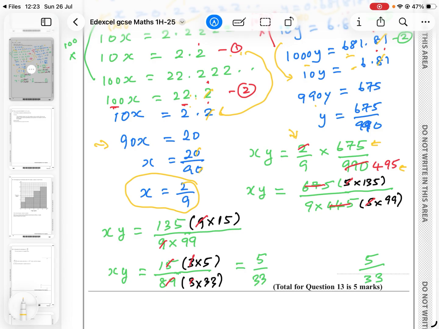Then again we can simplify. 675 you can write as 5 times 135. 495 you can write as 5 times 99. So the 5s cancel. You will get 135 divided by 99 here.